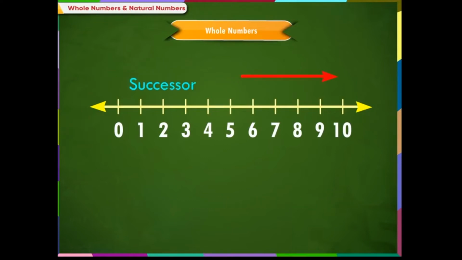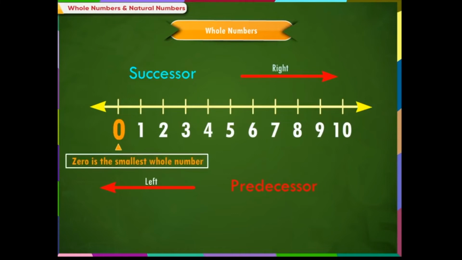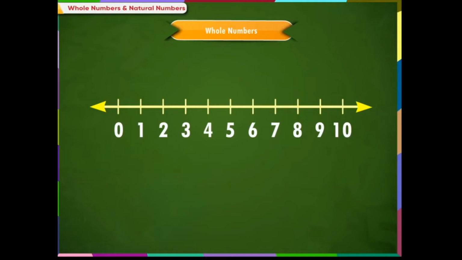The successor of a whole number lies just to the right of a number, and the predecessor of a whole number lies just to the left of a number. 0 is the smallest whole number. Each and every whole number has a successor starting from 0.